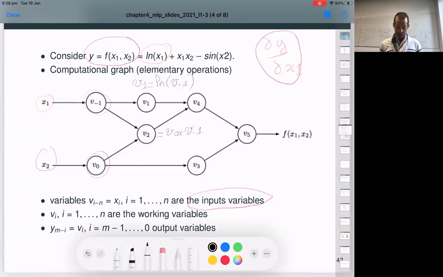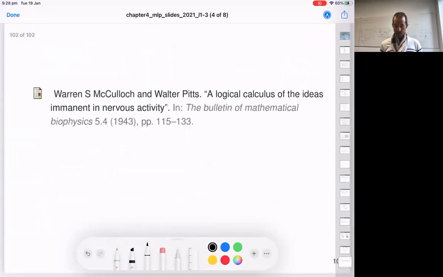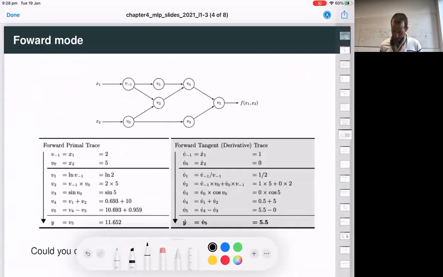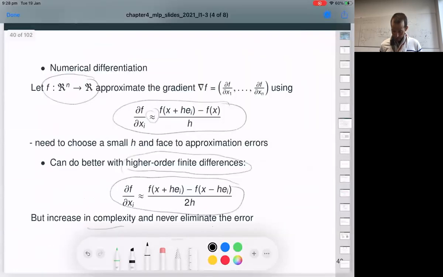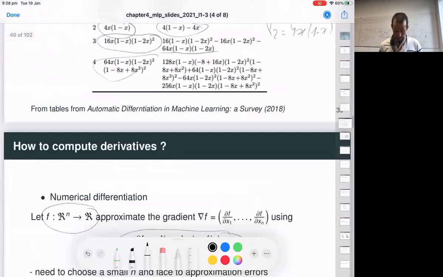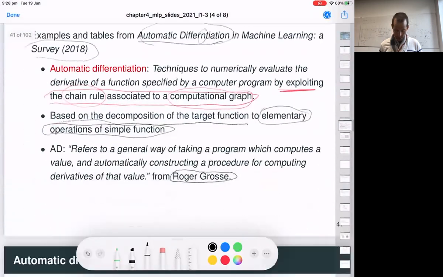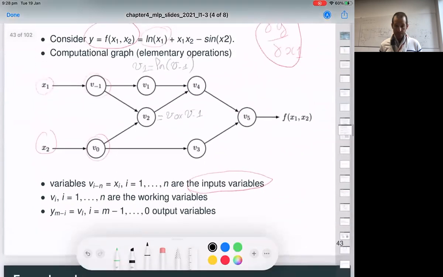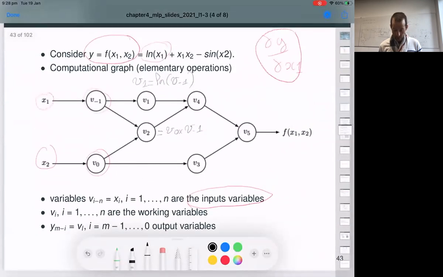And after, what is V4? Tell me V4. Yes, the plus. Okay, everybody got it, so we go faster. V4 is V1 plus V2.